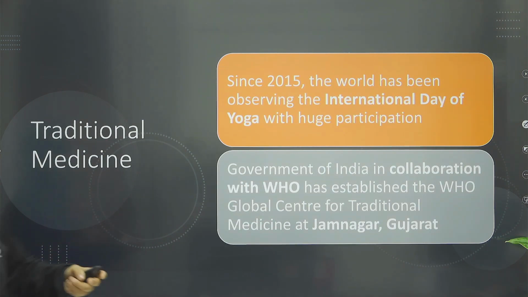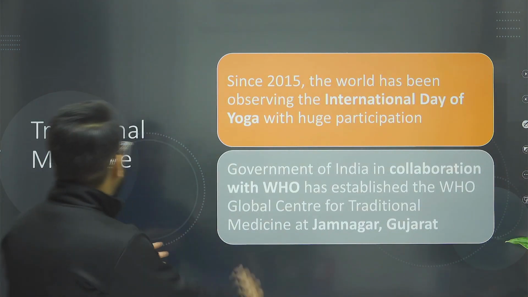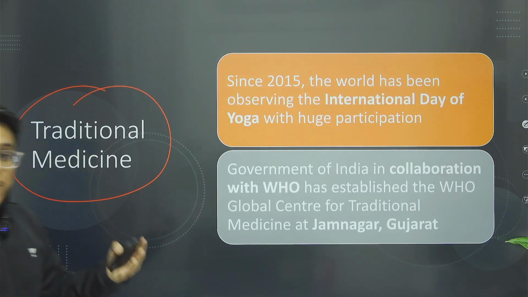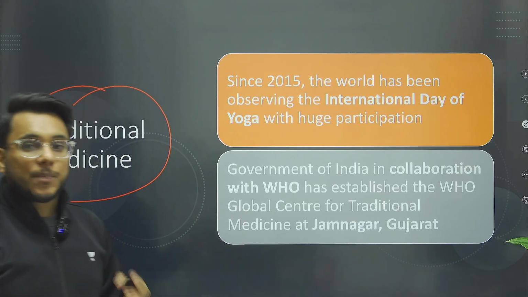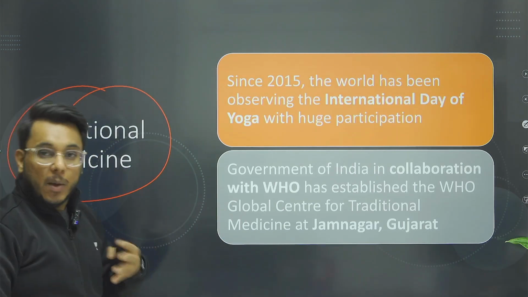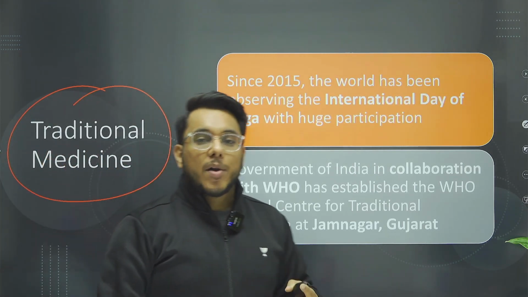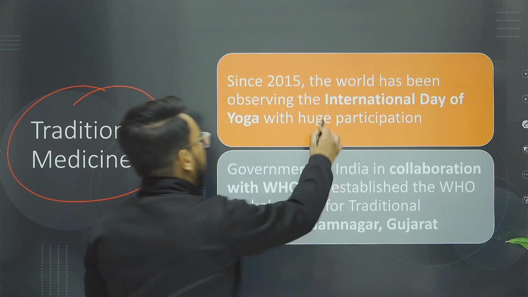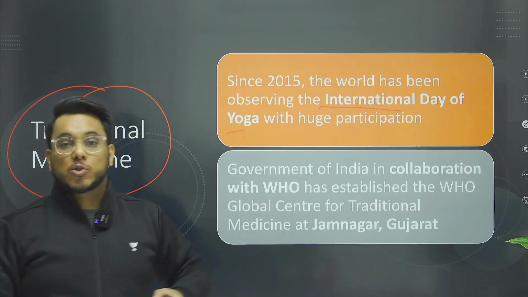Moreover, apart from allopathy, India also has an impressive track record in providing alternative and traditional medicine: Ayurveda, Unani, Yoga, Siddha, homeopathy. When we talk about yoga, India's yoga has already been recognized at the international level, where the UNGA celebrates International Day of Yoga on 21st June every year.